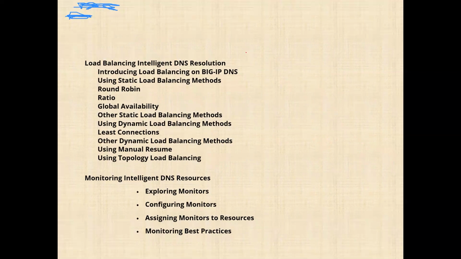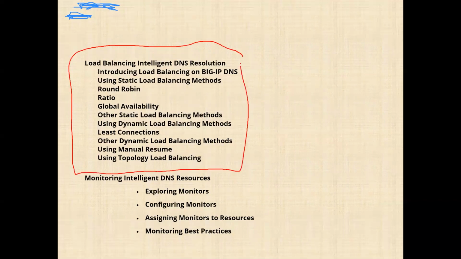Once this is done, another video will be coming based on your load balancing intelligent DNS solution. We have wide IP and we have pool. So we will cover wide IP load balancing algorithms and pool load balancing algorithms.